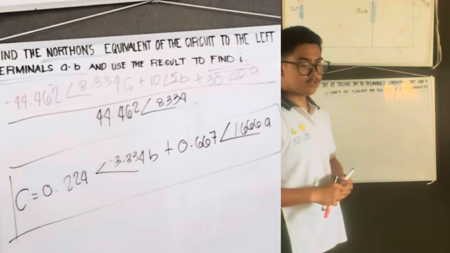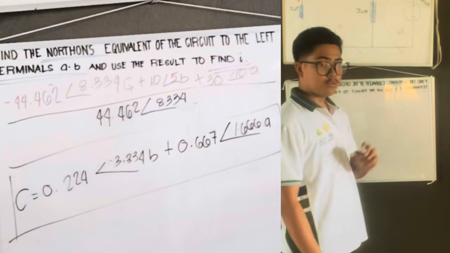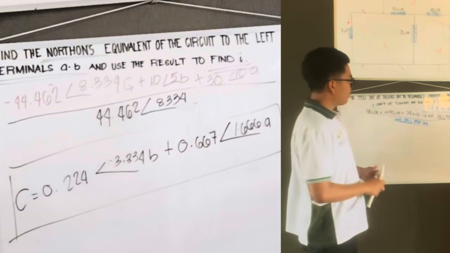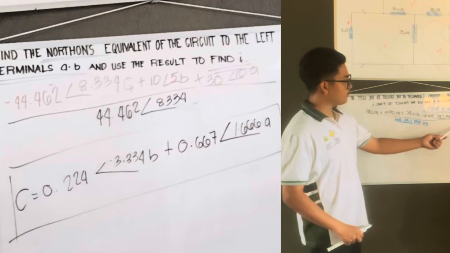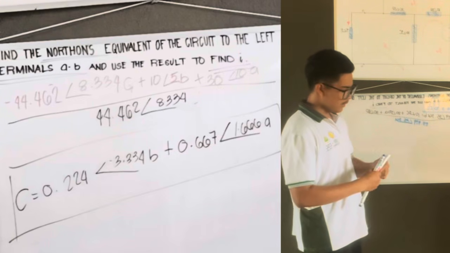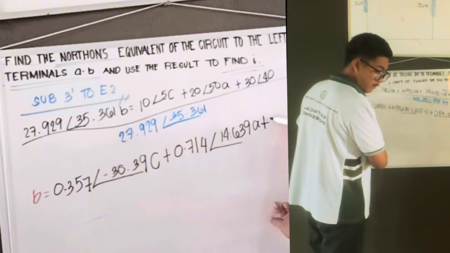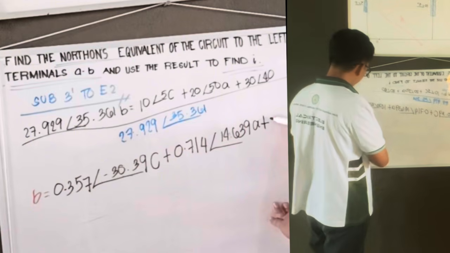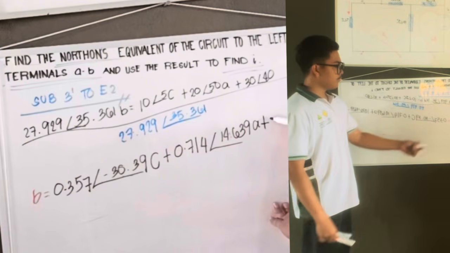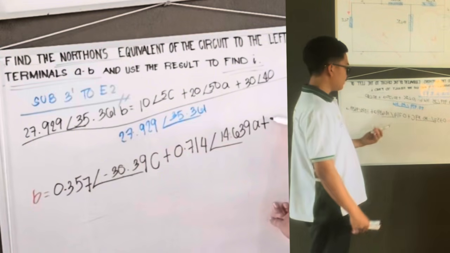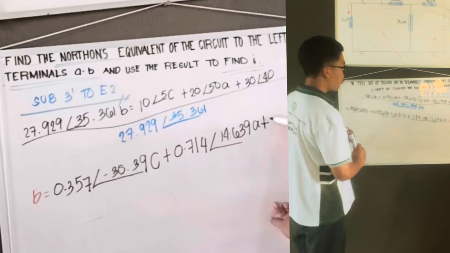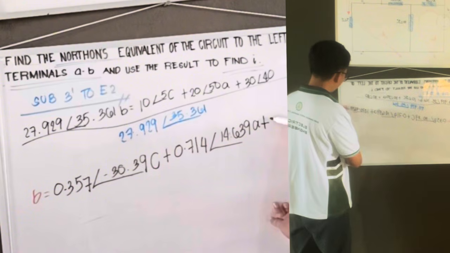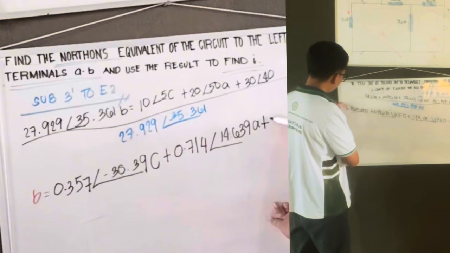We will substitute 3 prime to equation 2. Inputting this in our calculator, we will get the value of B. After we get the value, this will be our equation 2 prime.